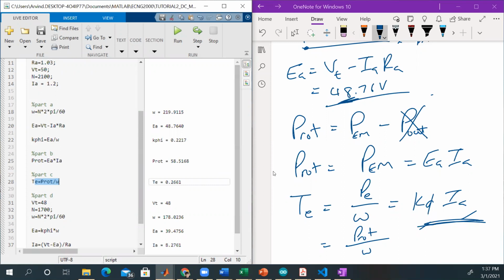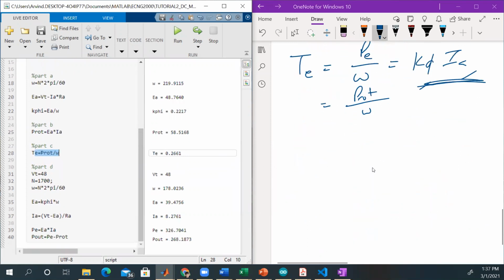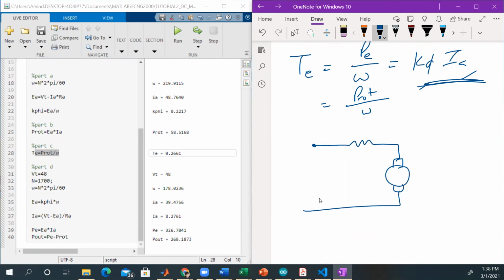So now we're changing it a little bit. We have 48 volts now. This is 1.03 and 1700 RPM, right? So now what we're going to assume is that the flux remains the same.